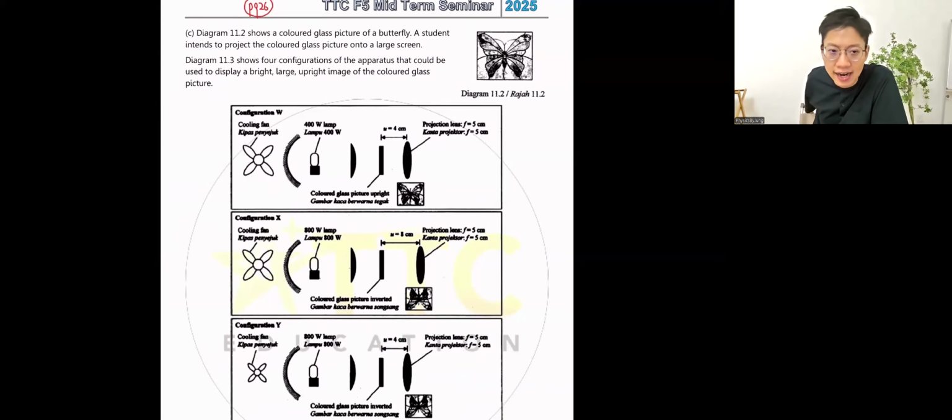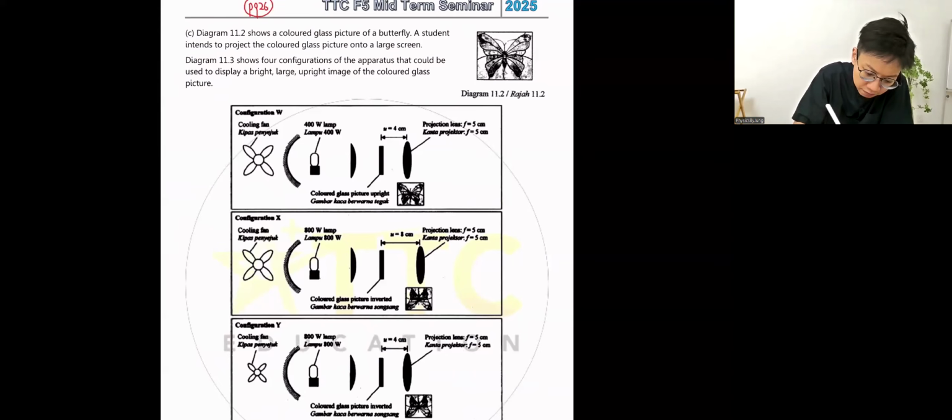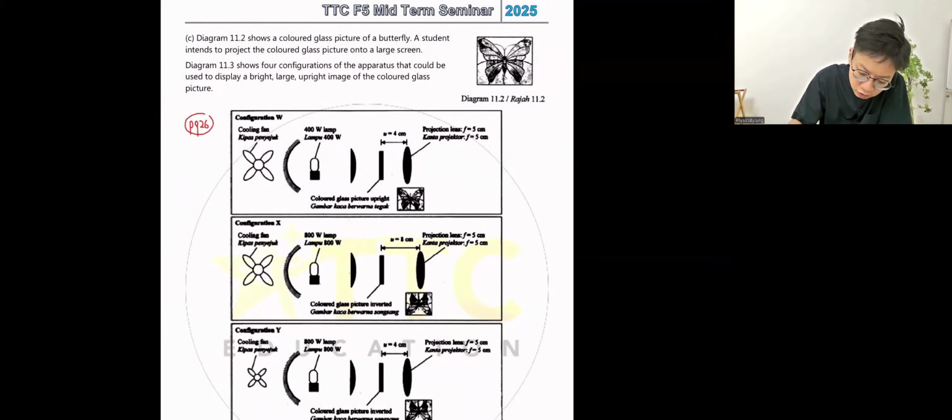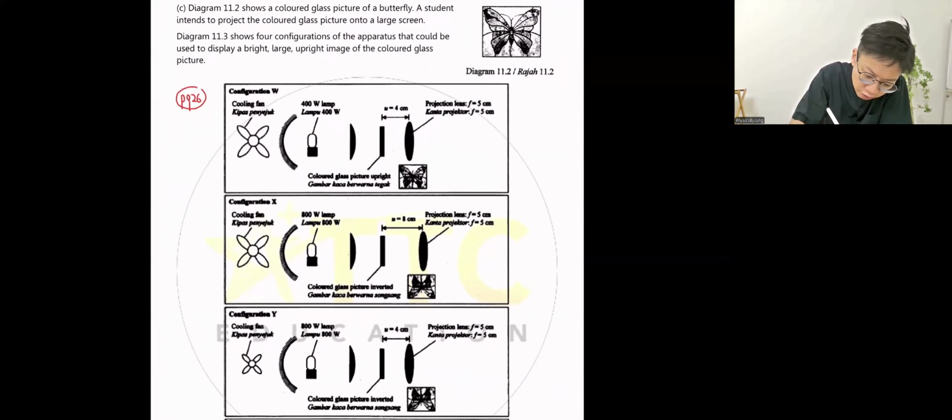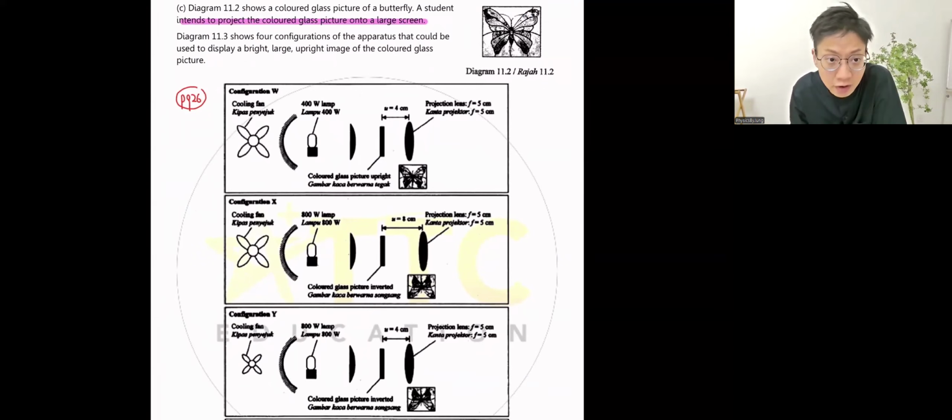On this page, your job is to pick a configuration of the thing that is used to project the colored glass picture onto a large screen. We have W, X, and Y. Can you tell me which is the better one? Faster, guys. Which one is the better lens?